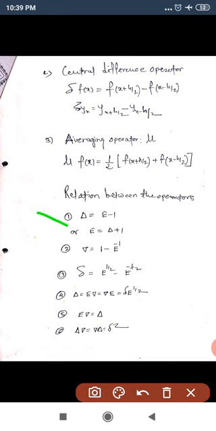You have to take f of x outside, so e minus 1. Del of f of x is equal to e minus 1 f of x, so f of x gets cancelled, so del is equal to e minus 1.